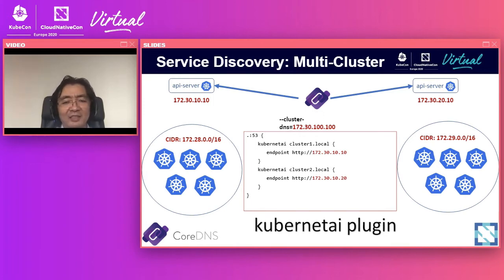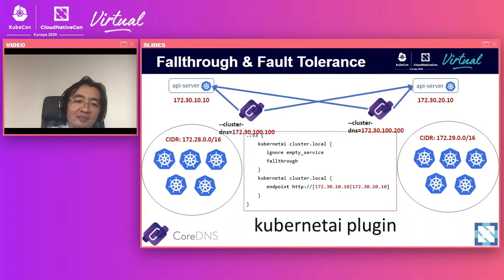And it may not be that interesting for many people, but there are some additional ways to make this more interesting. With the plugin, you can add a fallthrough line in the configuration. With this fallthrough, you can have the same base domain name of cluster.local for both clusters.